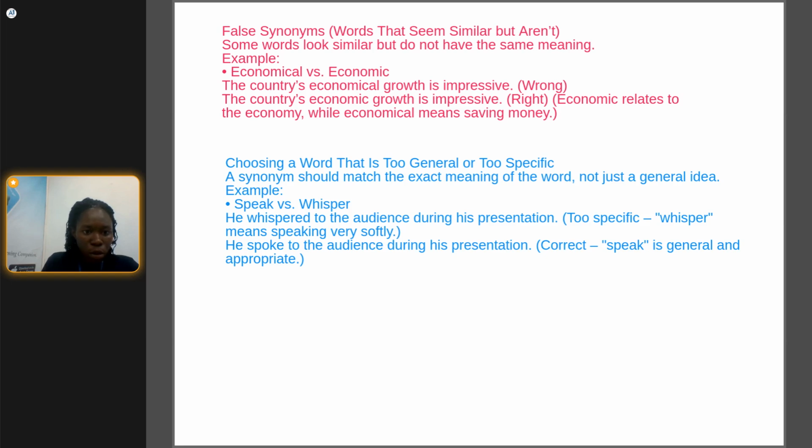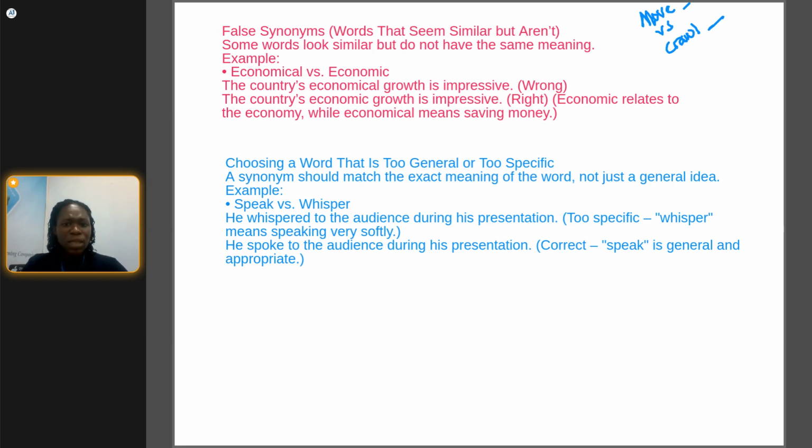Move versus crawl. Let me just write that here. Now, this is general and this is specific. Crawling is a kind of movement. So if you have an example like the baby moved on the floor, that is too general. How did the baby move on the floor?